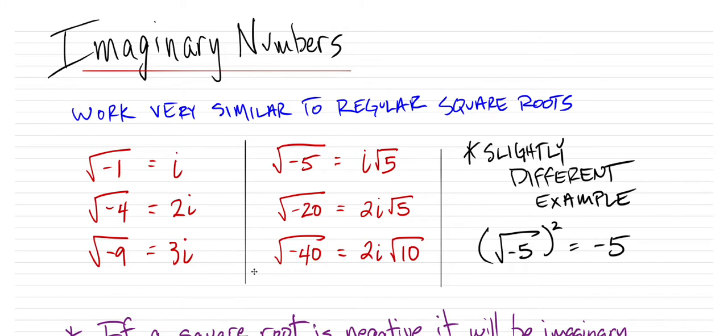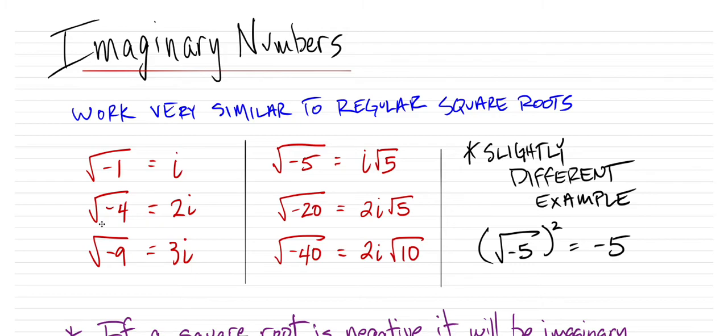Now, finding answers is actually really easy. It seems like because this is a whole new topic, this should be hard, and it usually isn't. It's just kind of strange. So square root of 4 is 2. So if you have square root of negative 4, we basically treat the negative symbol separate from the 4.